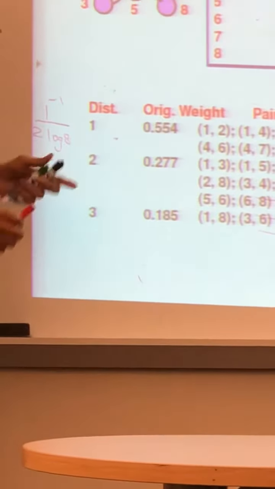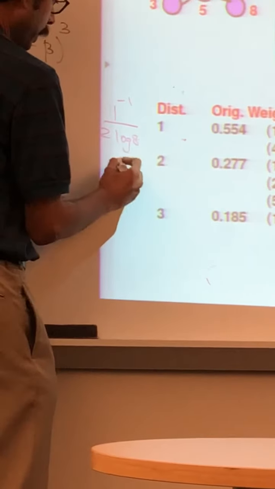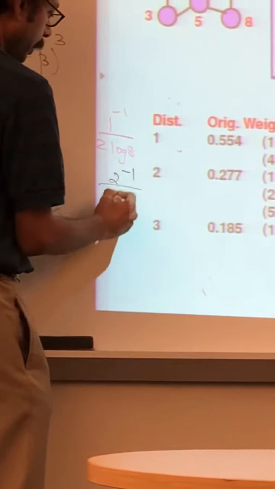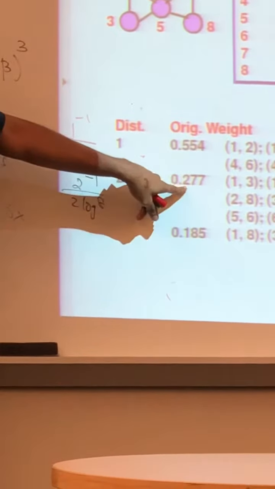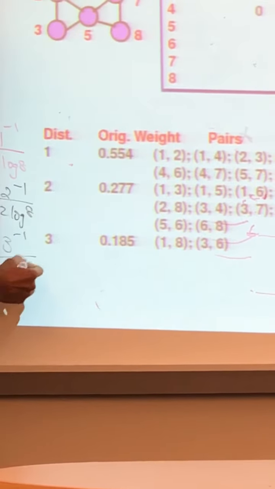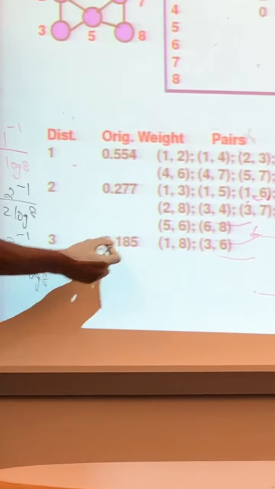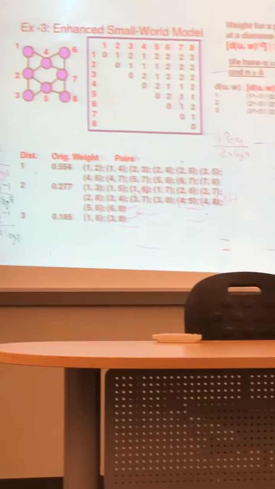For a distance of 2, it's going to be 2 raised to negative 1 divided by 2 log 8. That is 0.277. For distance 3, it's 3 raised to negative 1 divided by 2 log 8. So these are the weights. They need not add up to 1, as these are just raw values.